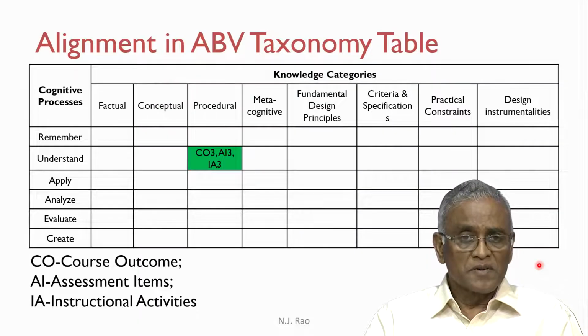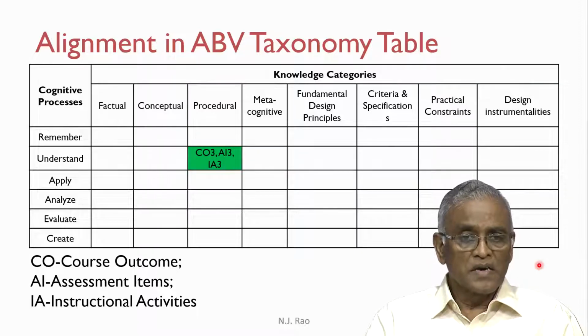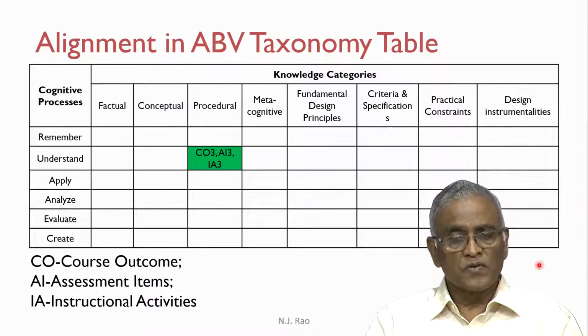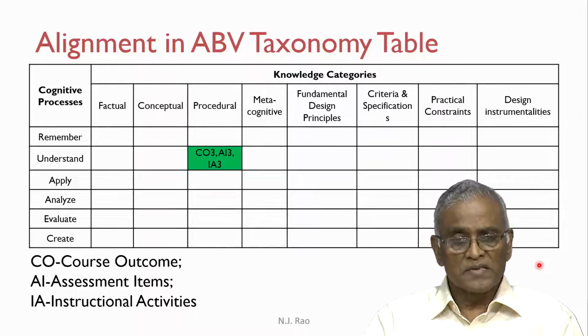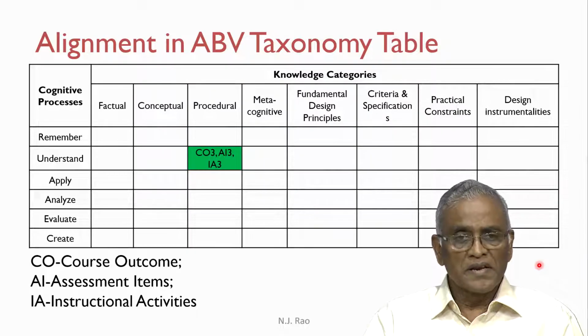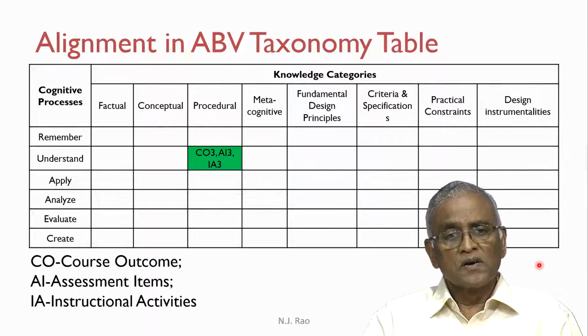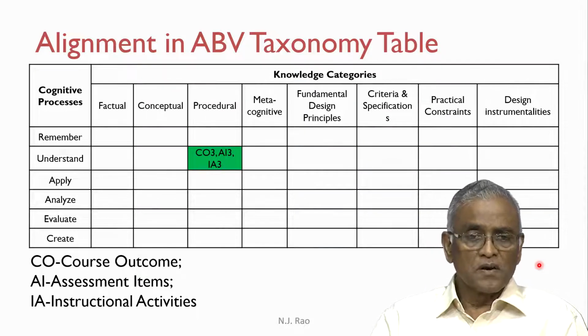Alignment in the 6 by 8 taxonomy table: here CO means course outcome, AI is assessment items, IA means instructional activities, what we do in the classroom or laboratory or through any other type of interaction, whatever mechanism you have, direct teaching or flipped classroom or online, anything that you talk about. Instructional activities means some kind of interaction or knowledge transfer from the teacher to the student.